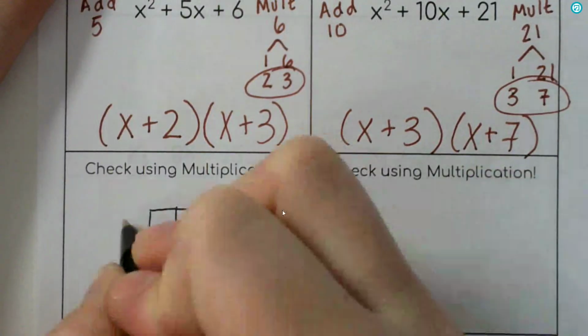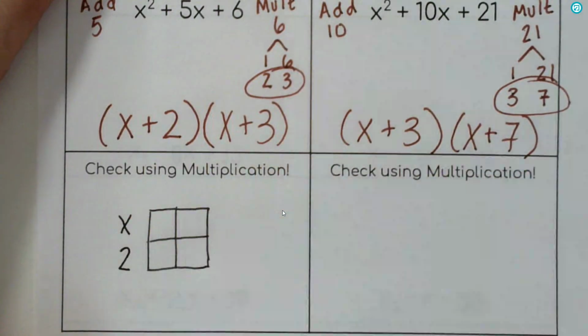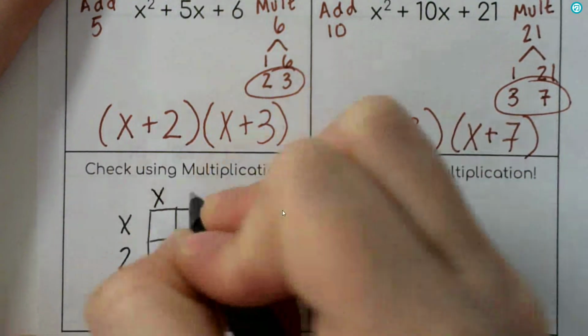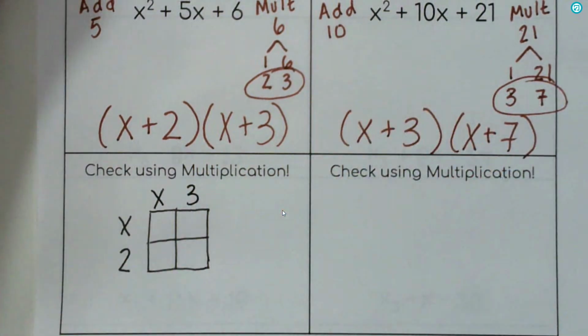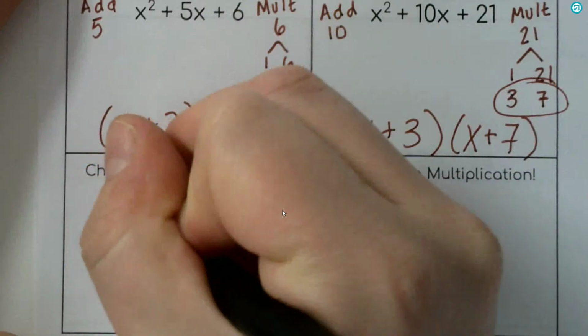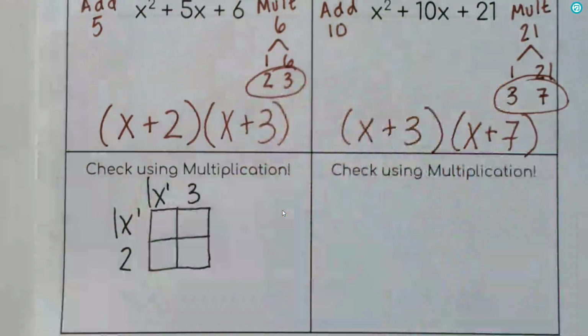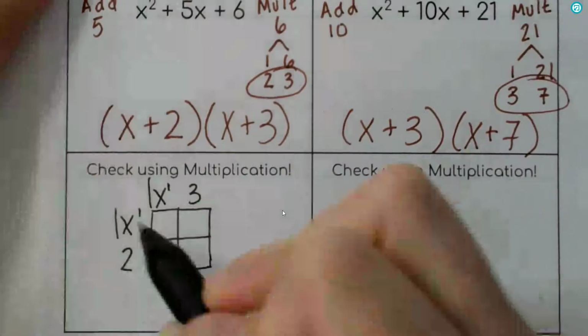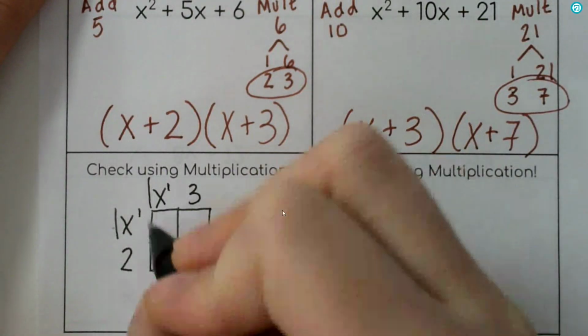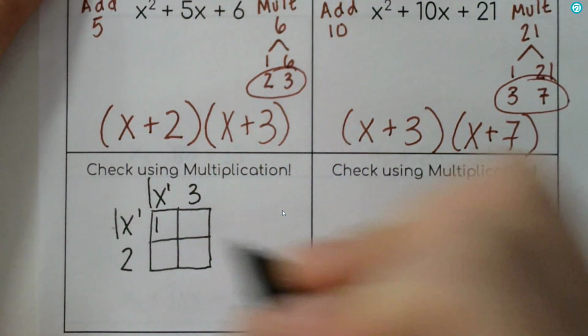I'm going to put x and 2 on the left. I'm going to put x and 3 on the top. And then I'm going to go ahead and make both of my x's 1x to the first. Okay, so 1x to the first times 1x to the first. 1 times 1 is 1. And then I add my exponents. 1 plus 1 is 2.